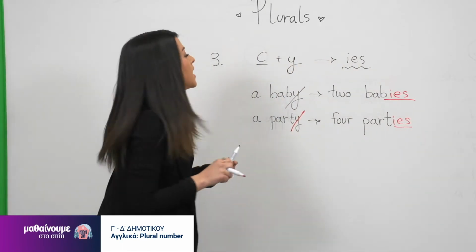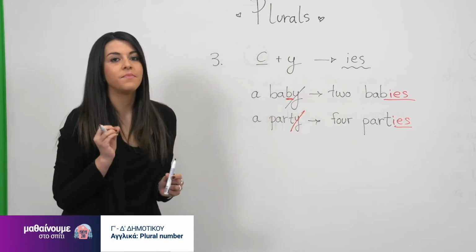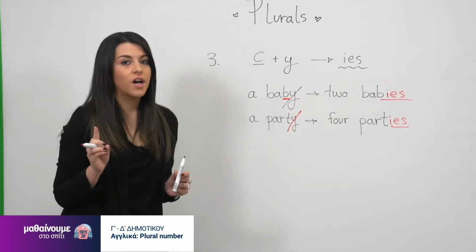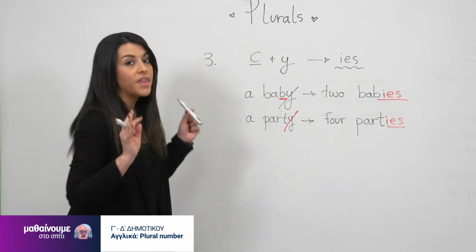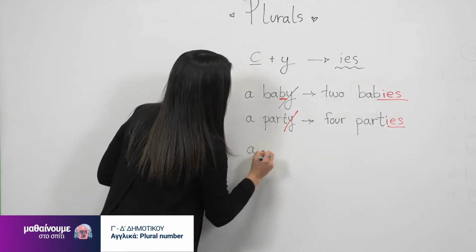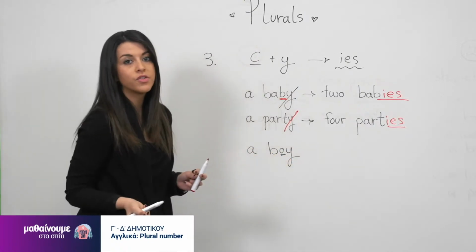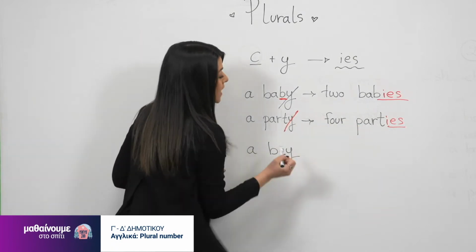But remember, before the end, this has to be a consonant. It must be a consonant before the Y. If it's not, we don't do this. For example, a boy, this is a vowel, right? It's not a consonant, so we don't put I-E-S.